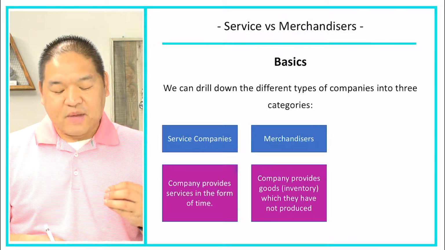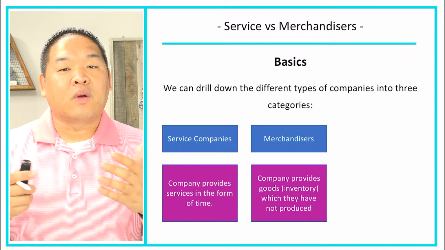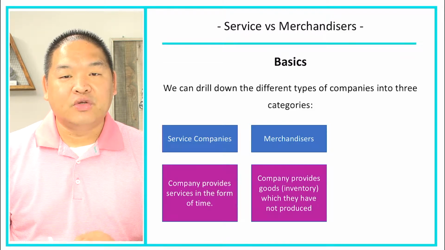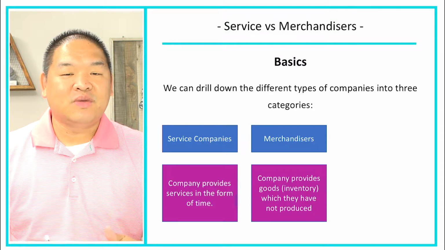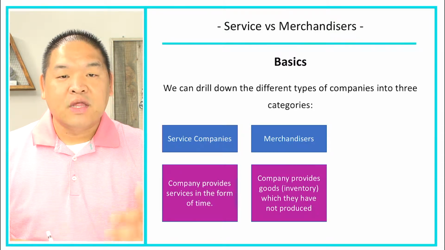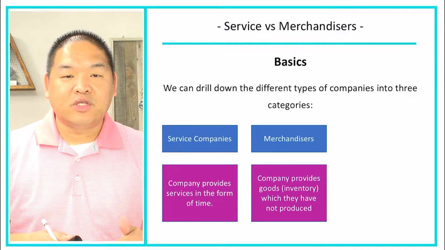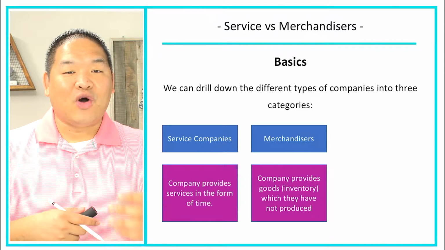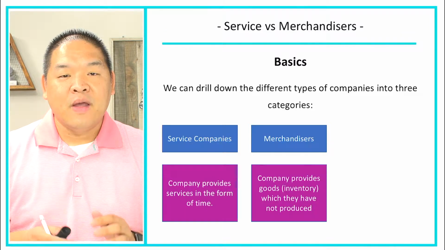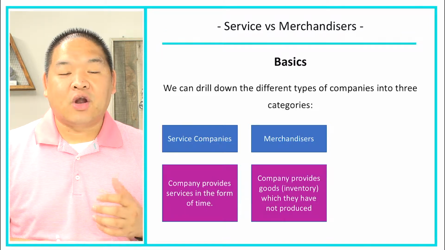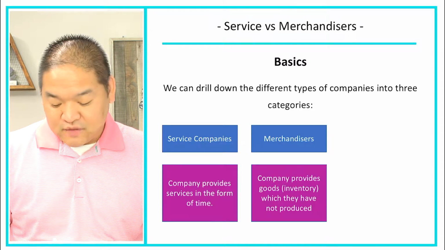Merchandisers are companies that provide goods in the form of what we would call inventory, which they have not produced. And that's a key word: merchandisers typically do not produce their own inventory. And I say typically, there are some industries in which the merchandiser does also produce their inventory. But for this purpose, let's assume that they are not producing their own inventory.